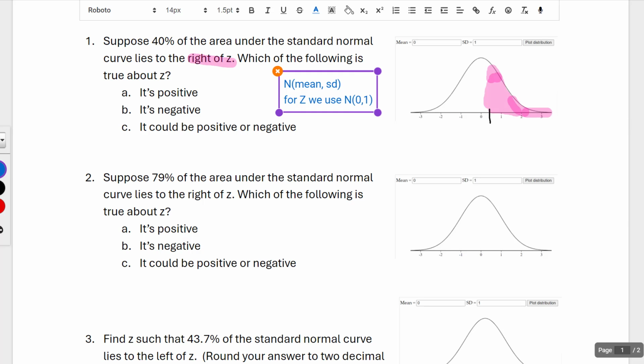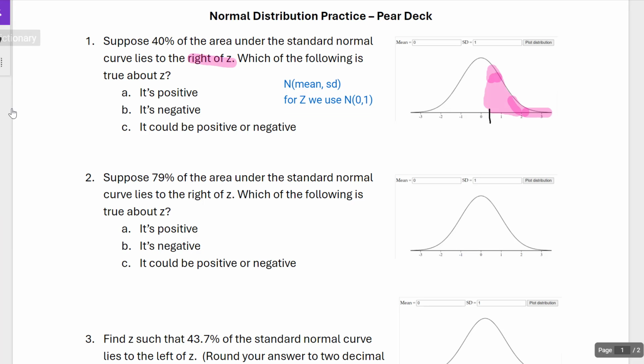So the mean is 0, and how do we know that? Well, the center is 0, right? The center's right here, there's your mean, and how far apart are they? They're just 1 apart. So you can see it right there, there's the mean, and there's the standard deviation. All right, so for stopping there, it's positive, so the correct answer is A.